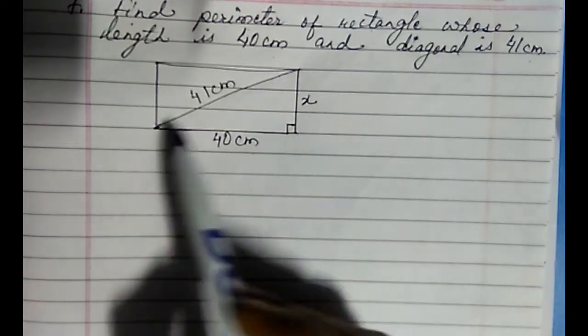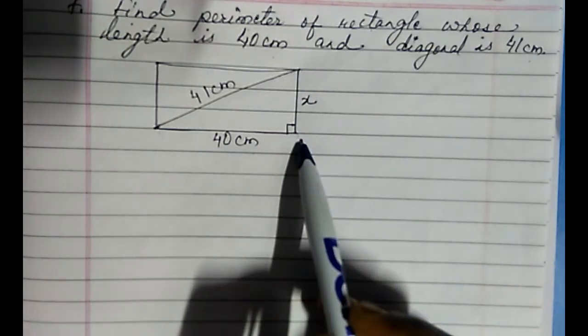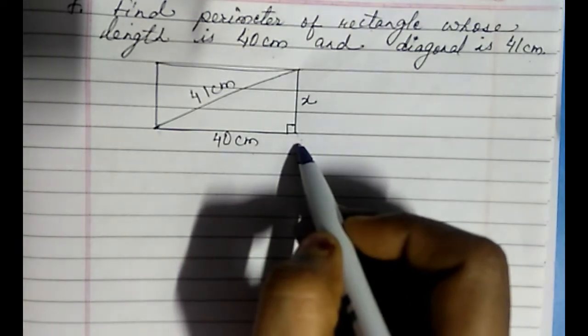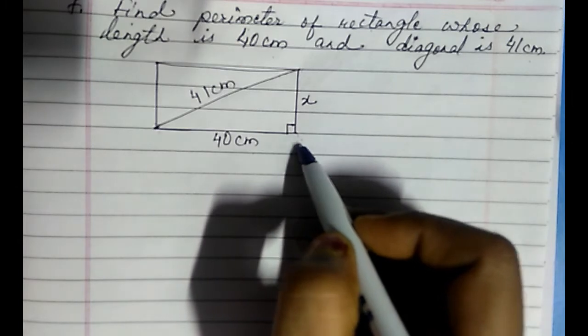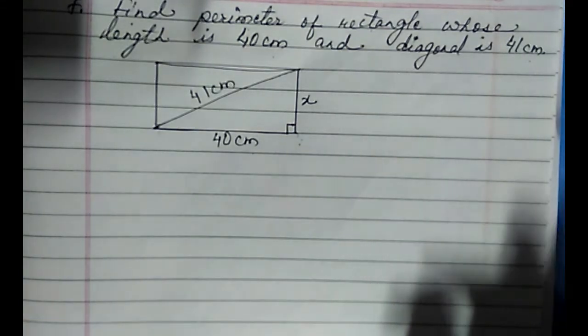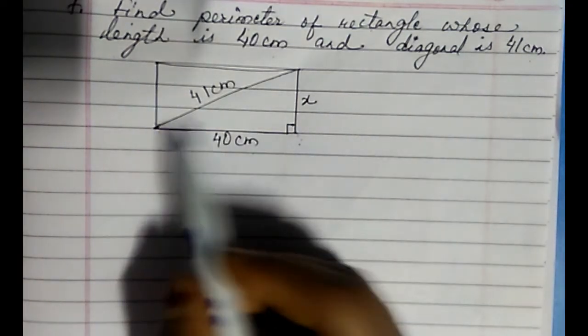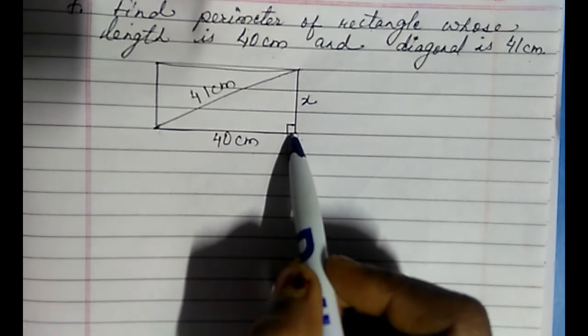So how to find? Length तो मालूम है लेकिन बिना breadth के तो हम perimeter निकाल ही नहीं सकते. So let us find out the breadth. Do we have any property or a theorem that can help us finding the other side of a right angle triangle? ये हमारा right angle होता है in a rectangle.